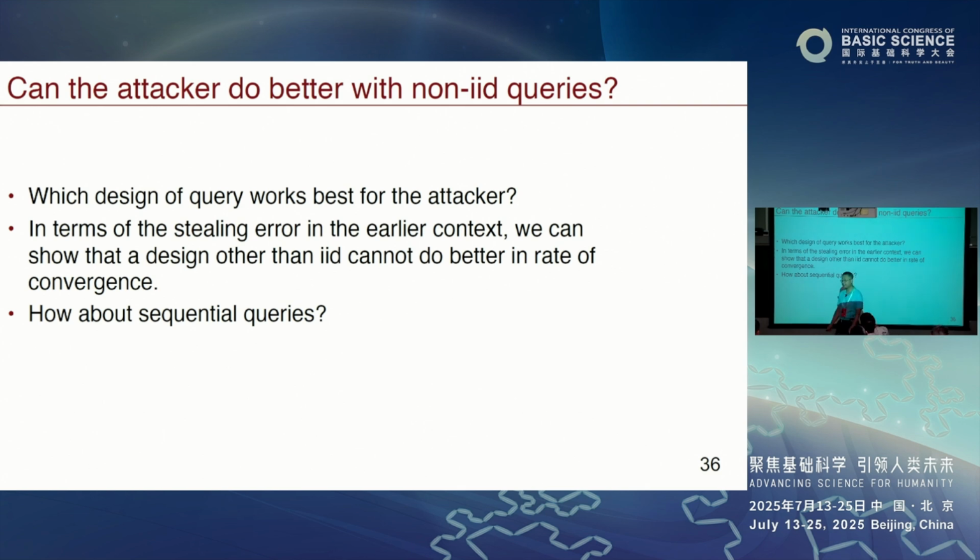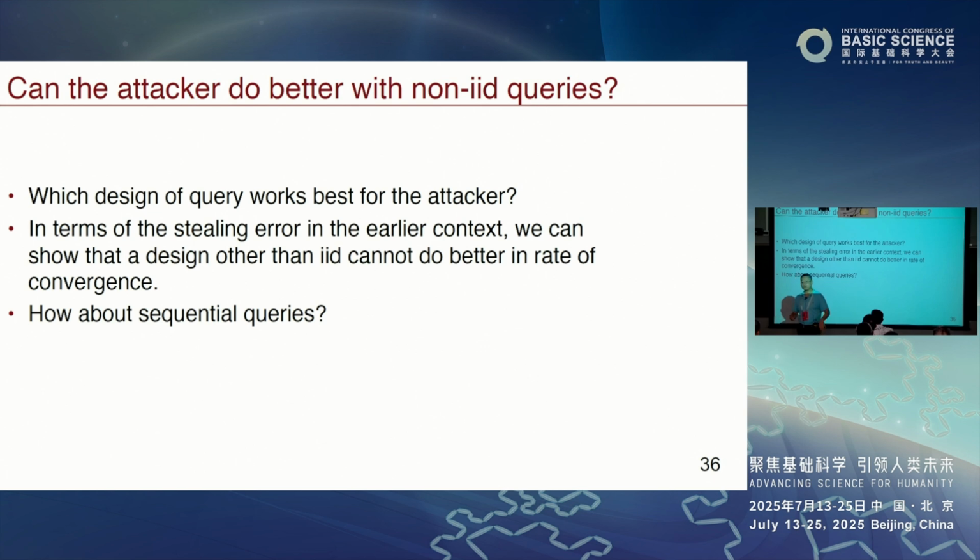Another question we haven't figured out is sequential query. In sequential query, I send my first x1, and then I demand you to respond, and you give me y1 tilde. And now I try to see whether I can decide where x2 is, because I can use the information you sent. In the classification case, it's particularly true. In the place where f hat is close to half, I may figure out where those x are, and then ask queries at those x.